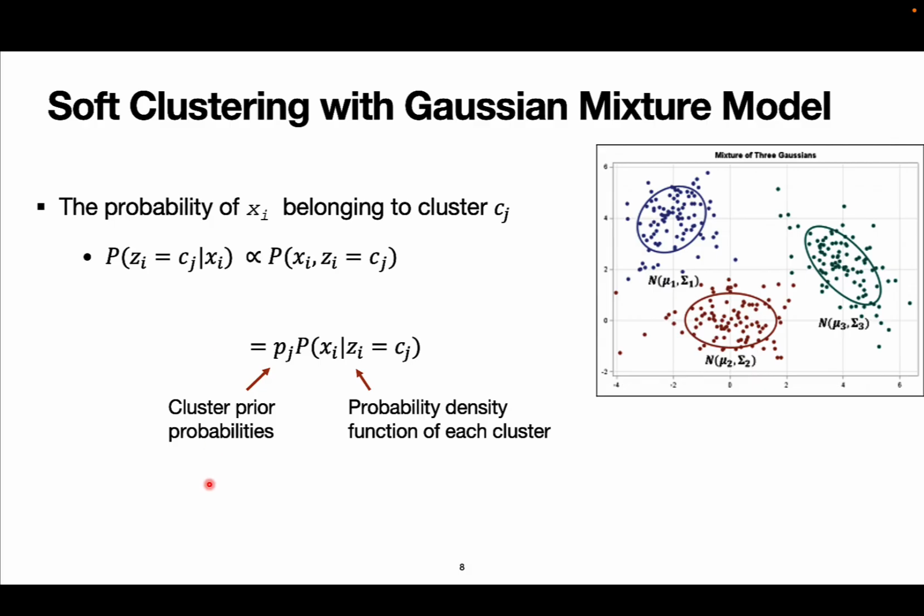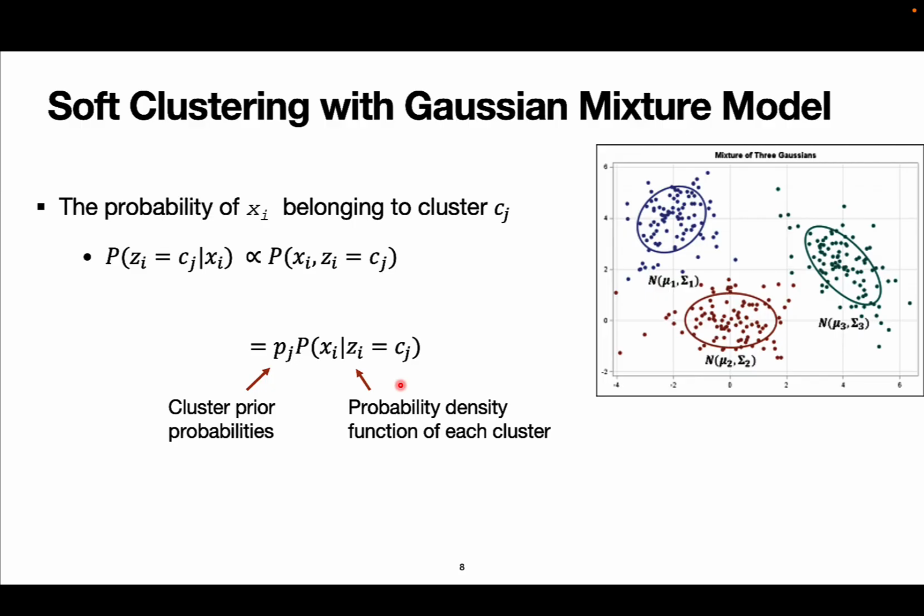The first term is the prior probability of the cluster. In other words, what fraction of the data we expect to come from that cluster even before seeing this point. And the second term is the likelihood. Given that xi belongs to Cj, what is the probability of observing its features?